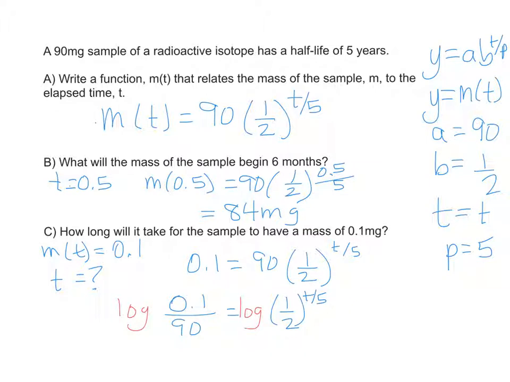I'm going to divide by log 1/2. And then that'll give me what T over 5 is. And I just want to, let's see, T is going to be equal to, I'll have to multiply by 5. 5 log 0.1 over 90 divided by log 1/2.